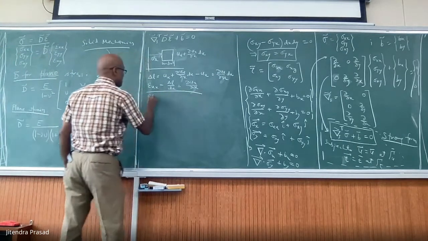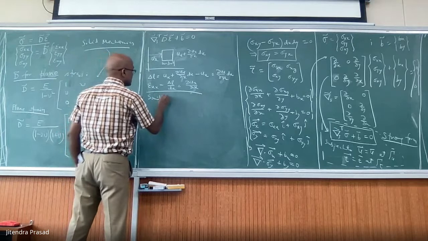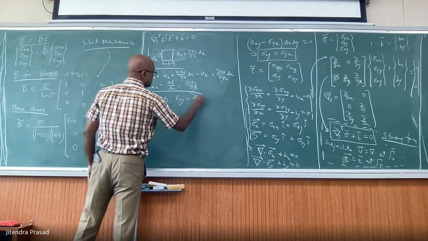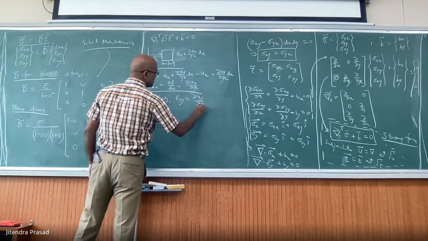Similarly you can write epsilon yy equal to del uy over del y.